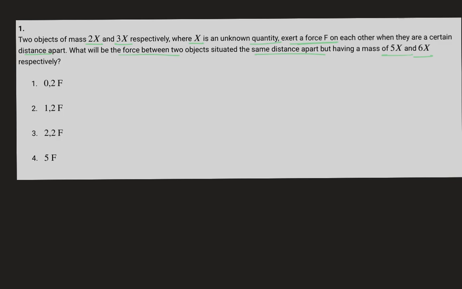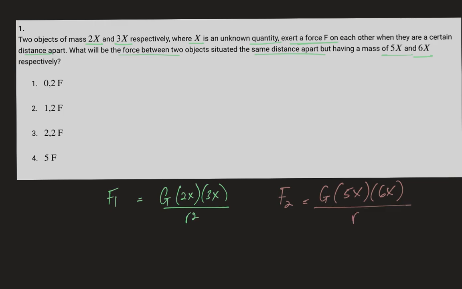Right. The first thing you need to do here is look at your 2 situations. You have F1. Let's do it here at the bottom. You have F1 here, which is equal to G 2x 3x all over r squared, and at the same time you have F2, which is equal to G 5x times 6x all over r squared.